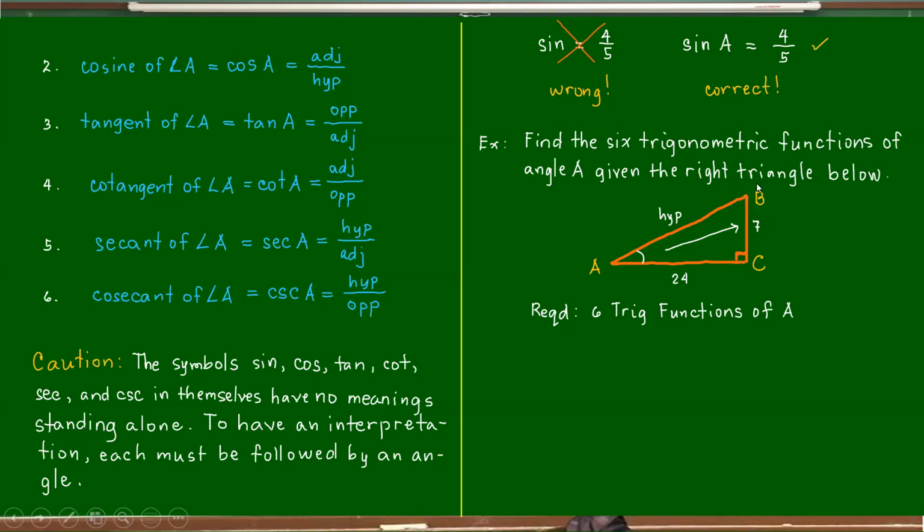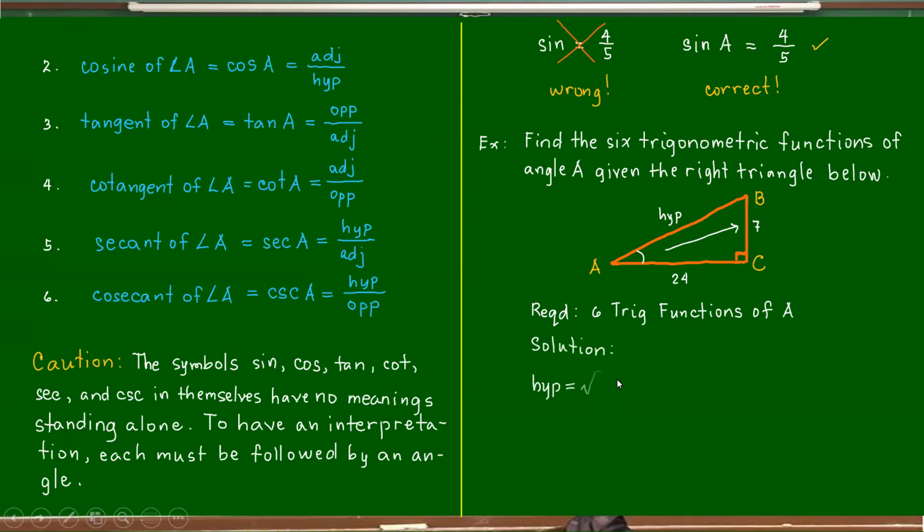So it depends on the angle that we are going to consider, whether angle A or angle B. So let's focus on angle A. Again, 7 is opposite relative to angle A, 24 is adjacent, hypotenuse AB.